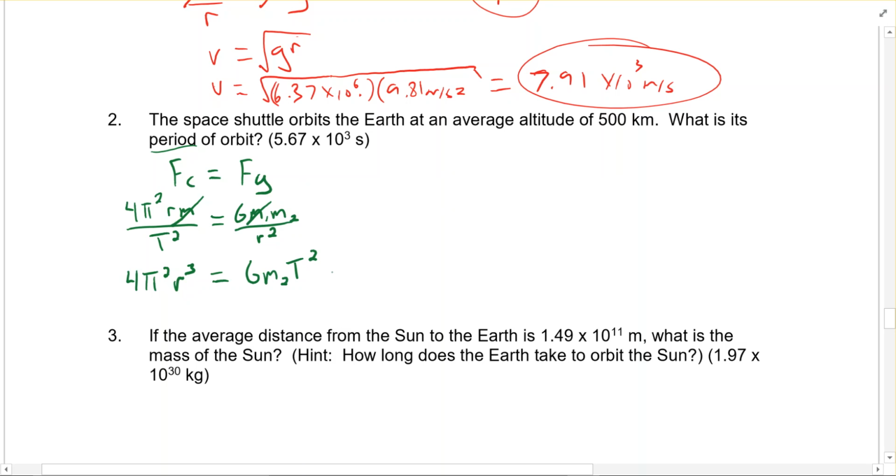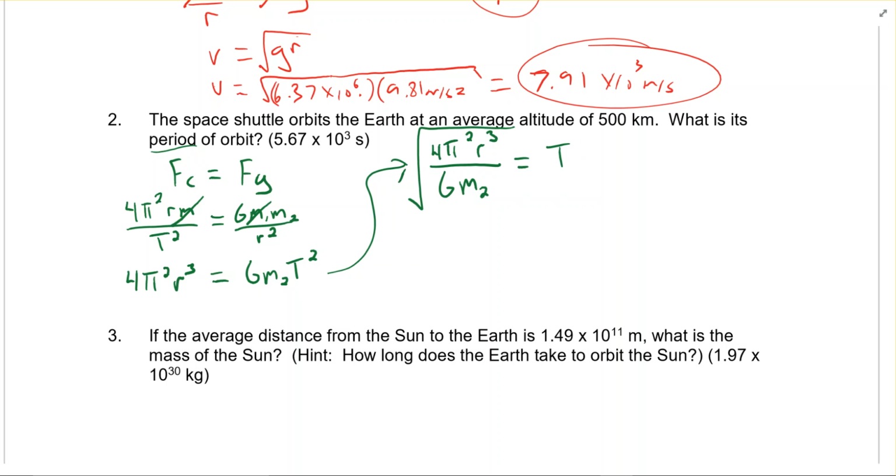So we're going to have 4 pi squared r cubed over big G times m2 is equal to t squared. And I'm just going to take the square root of that.